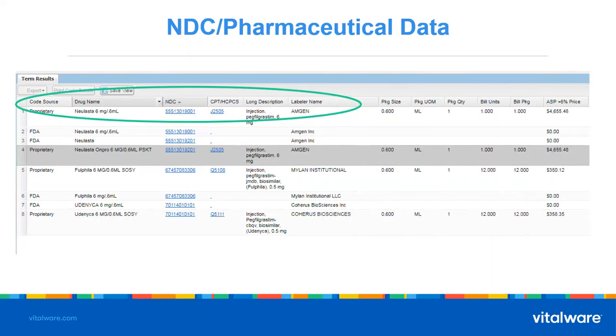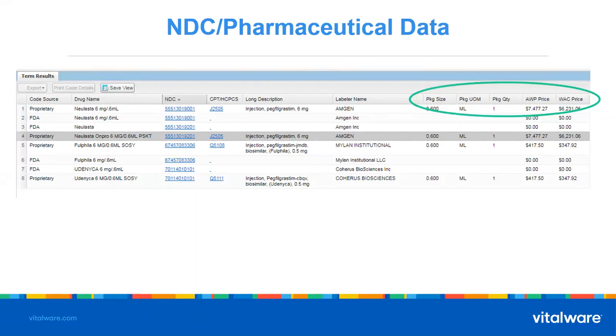We're going to produce for you the drug name from the labeler, of course the NDC, and the HCPCS that is appropriate to bill with that NDC code in this view. We also provide you with Medicare's long description, as well as the labeler that produces that particular drug, so you have access to all of that information.